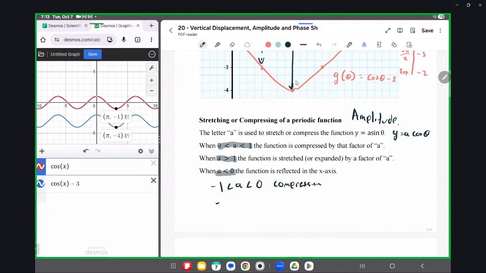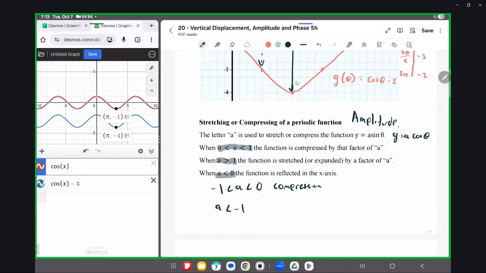And if a is less than -1, this will be a stretch. And note that the amplitude is going to affect y values.